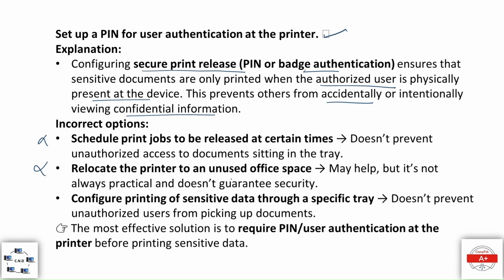Relocate the printer to an unused office space may help, but it's not always practical and does not guarantee security. And configure printing of sensitive data through a specific tray does not prevent unauthorized users from picking up documents. So the most effective solution is to require PIN user authentication at the printer before printing sensitive data.